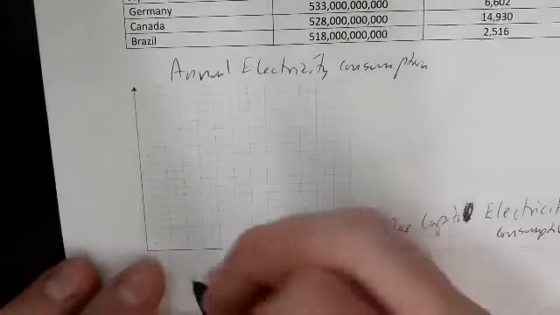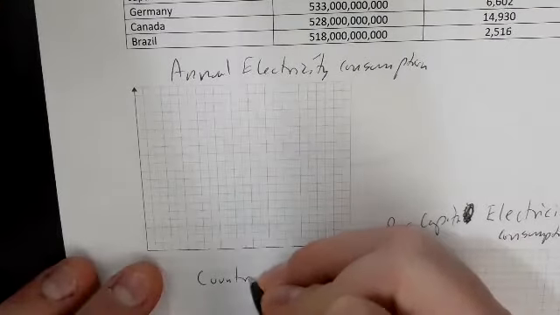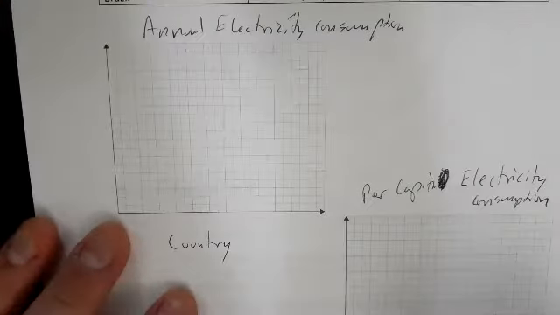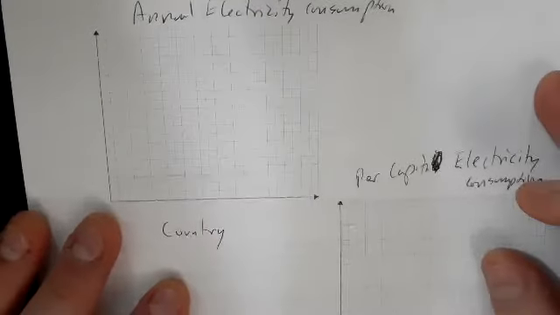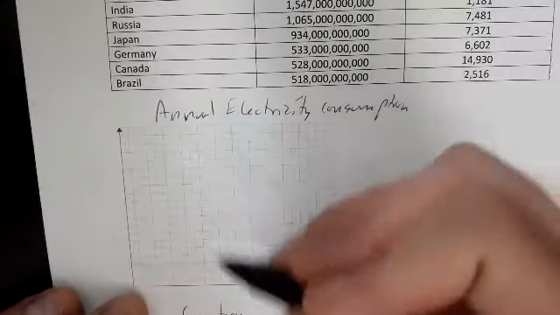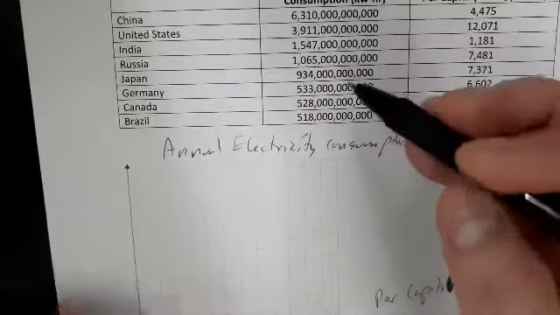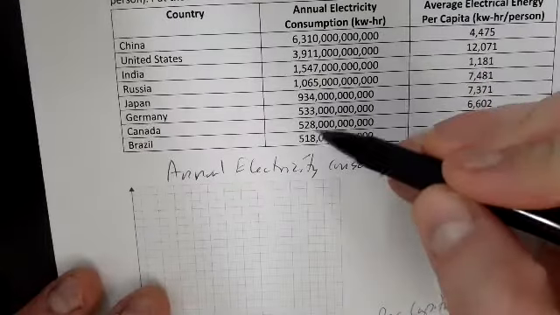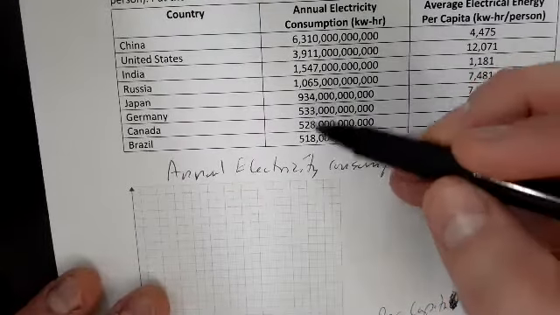I want to do the country here. If I'm doing my country on my x-axis, which is the group, my bars are going to go up and down. So I have to think about what units this is going to be in. This is my y variable.